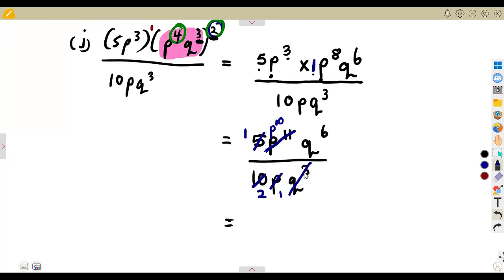So if we divide these 3 into these ones, which are 6, how many will remain? We remain with 3 q's there. So that's q to the exponent of 3. So you can just write 1 times p to the exponent of 10, which is p to the exponent of 10 times q to the exponent of 3, everything over. In the denominator, we are left with 2 times 1. You multiply 2 times 1, just a 2 there.